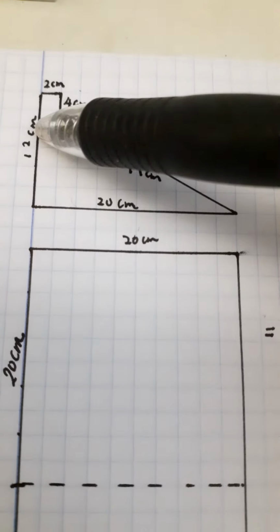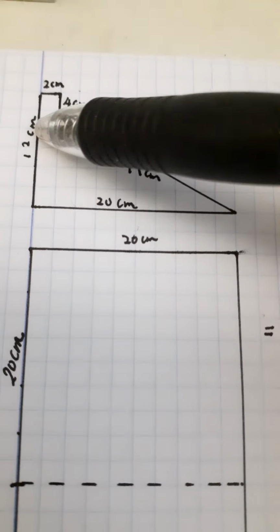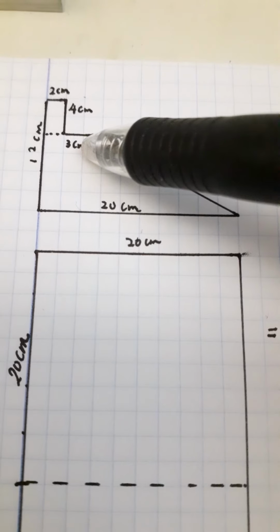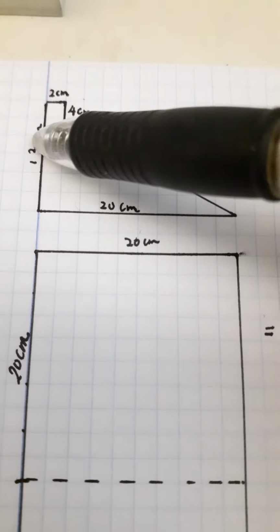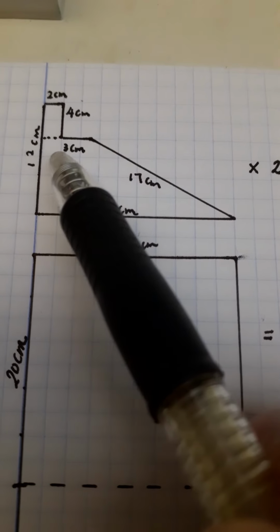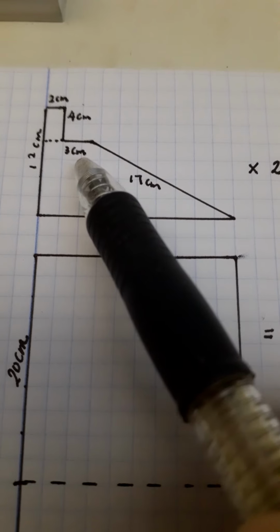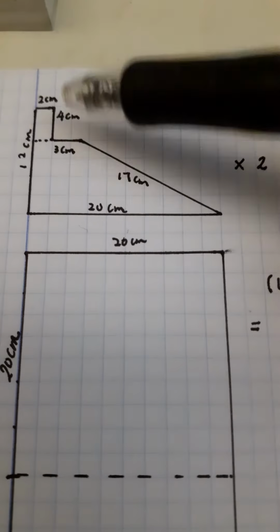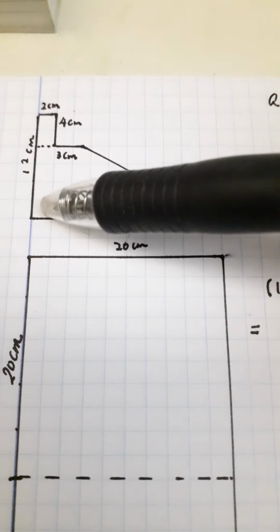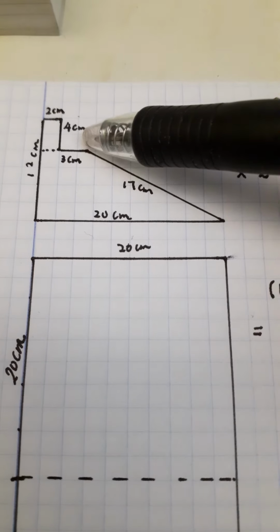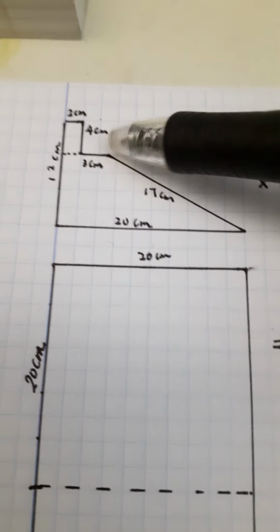The first one is a rectangle, 2 times 4. And this one is a trapezium. The upper base is 2 plus 3. Lower base 20. And the height is here, 12 minus 4, which is 8.